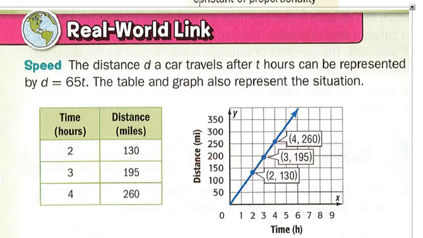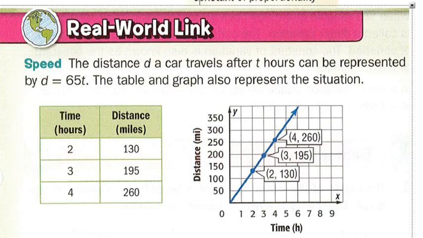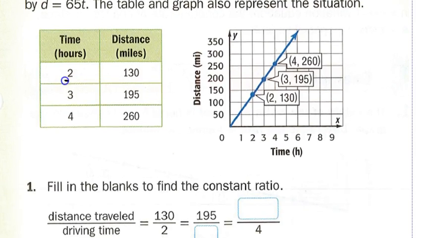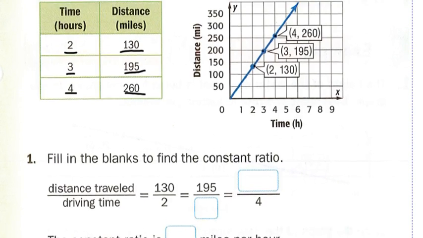So basically our distance is equal to 65 times however long the car is moving. If it goes 2 hours, you'll travel 130 miles, 3 hours, 195, 4 hours, 260, and so on and so on. And you can see that represented in the chart here with the 3 points graphed right there, there, and there. All right, so let's fill in some of these blanks that they're asking for.